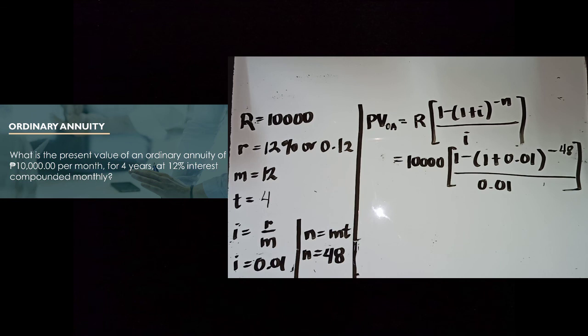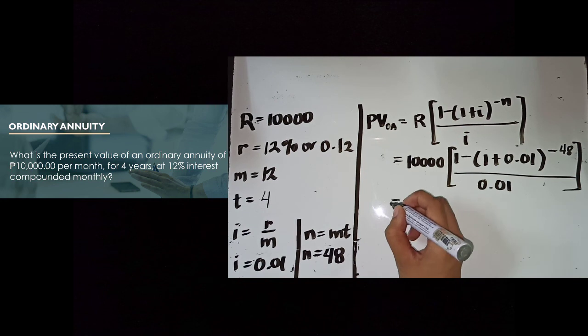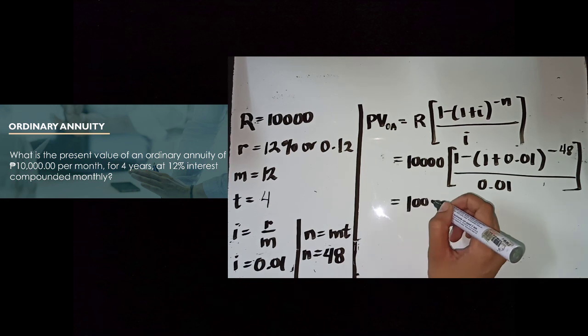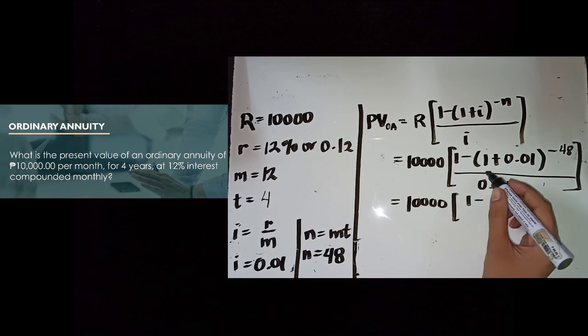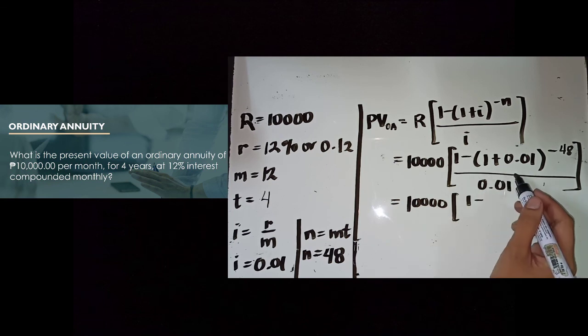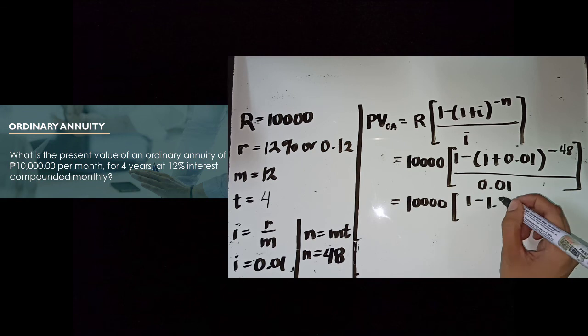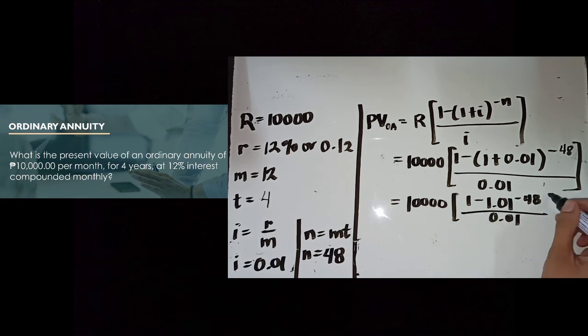Okay? So, next. So, that is equal to 10,000 pesos. Then, multiply by 1 minus 1.01. Then, raise to negative 48. Then, over 0.01. Okay, so after that, input lang natin siya sa calculator.